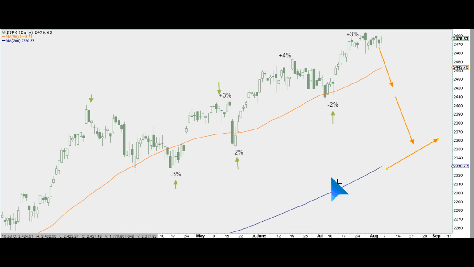And the reason why we use the adaptive system is we can stay invested when the data says so. Because minus 3, minus 2, even minus another 3 or minus 6, those type of moves make investors nervous. We don't need to be, as long as orange is above blue.